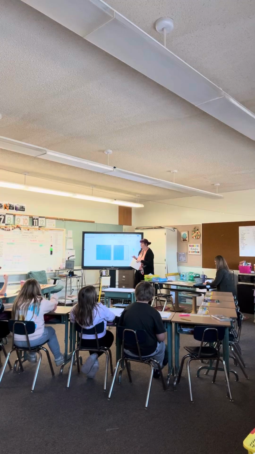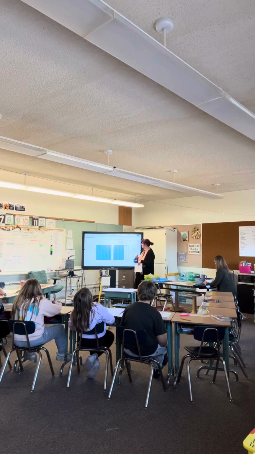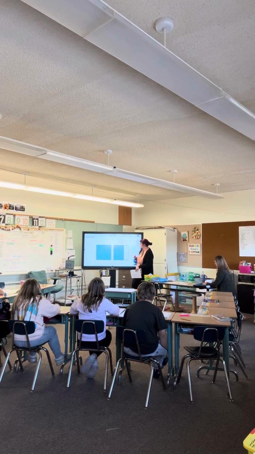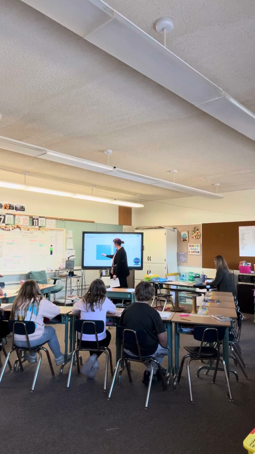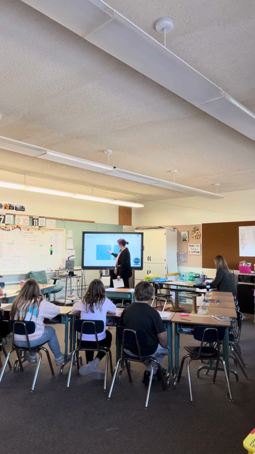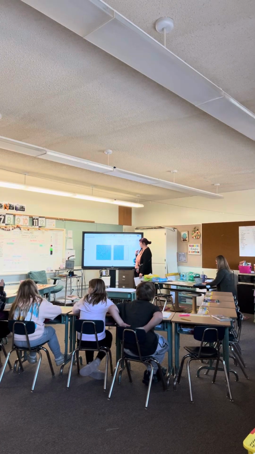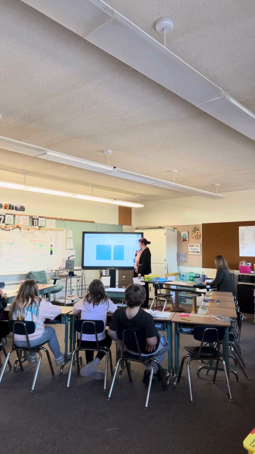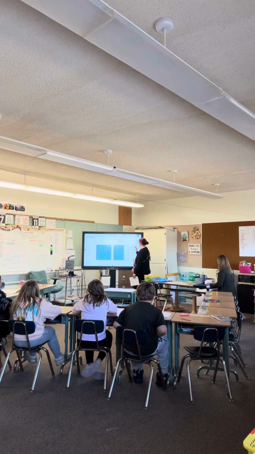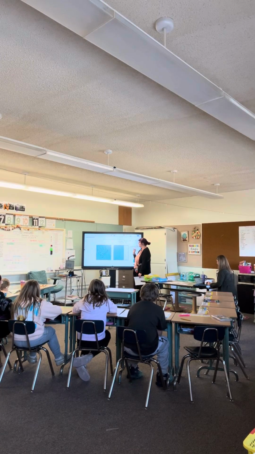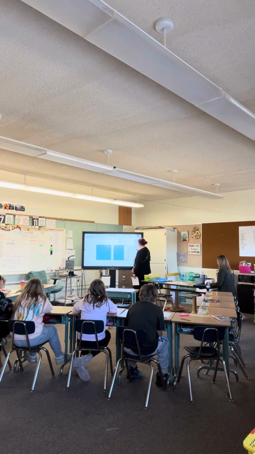Blake? There's only one box that's fully shaded. Okay, so fully shaded. Ayana? They're both going down, like columns. Oh, like columns? Okay. Oliver? They both have blue highlight. Yeah, they're both blue that are highlighted.